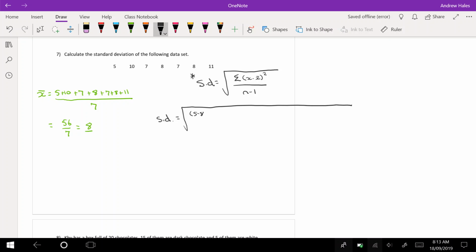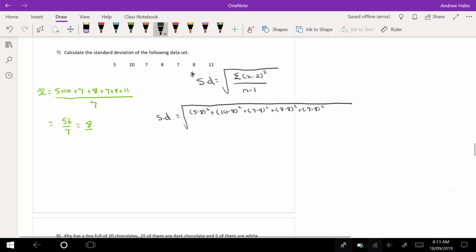It's (5 minus 8) squared plus (10 minus 8) squared plus (7 minus 8) squared plus (8 minus 8) squared plus (7 minus 8) squared plus (8 minus 8) squared plus (11 minus 8) squared. Then I divide that by my number of data entries minus 1. So I have 7 data entries, I divide it all by 6.